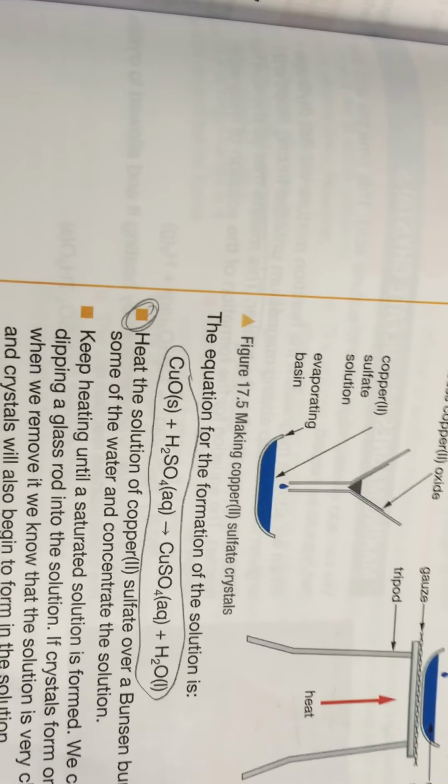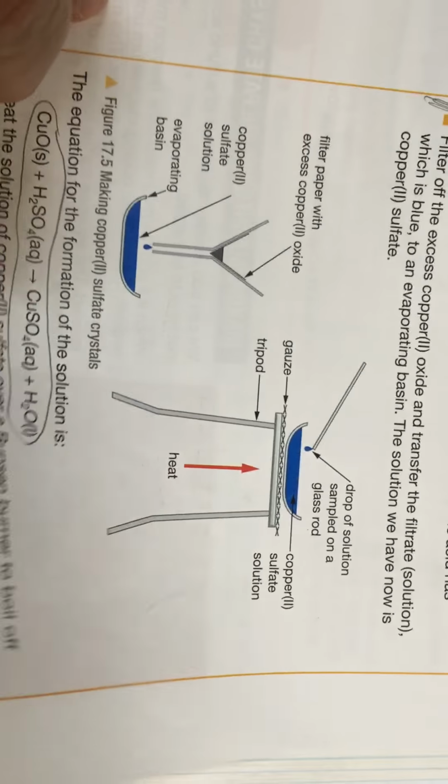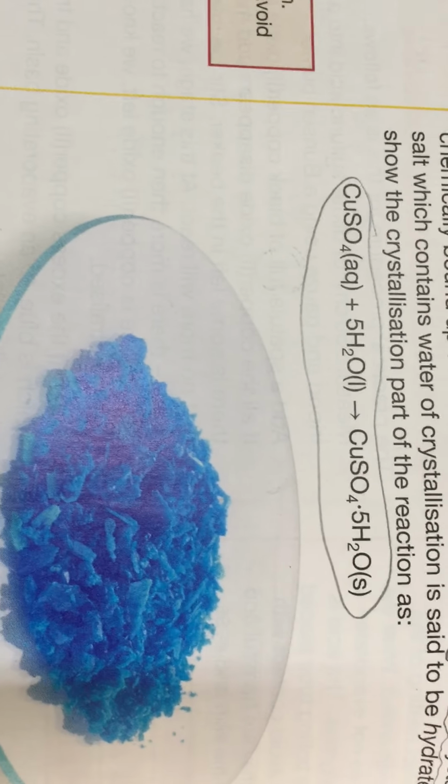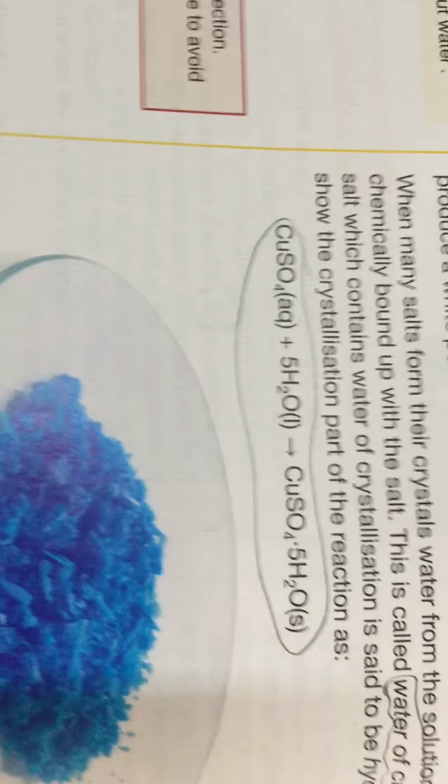Okay, and here copper sulfate is a white powder, but copper sulfate crystal is blue, and we use it to test the presence of water. Copper sulfate crystal is blue, and the formula of copper sulfate crystal is important: CuSO4.5H2O, with 5 molecules of water. Okay, very important.